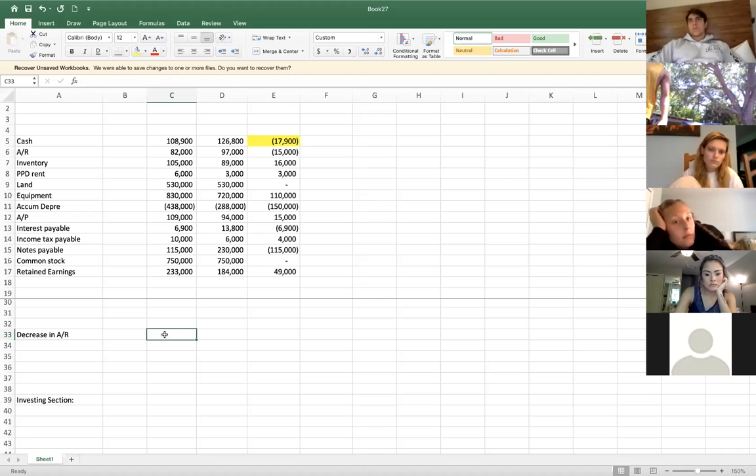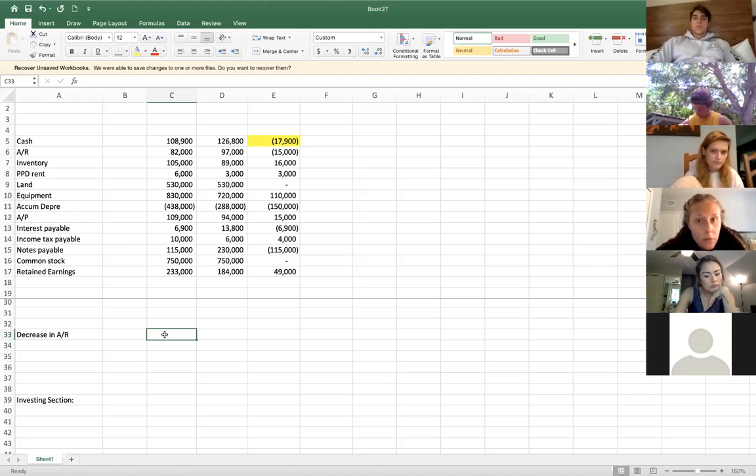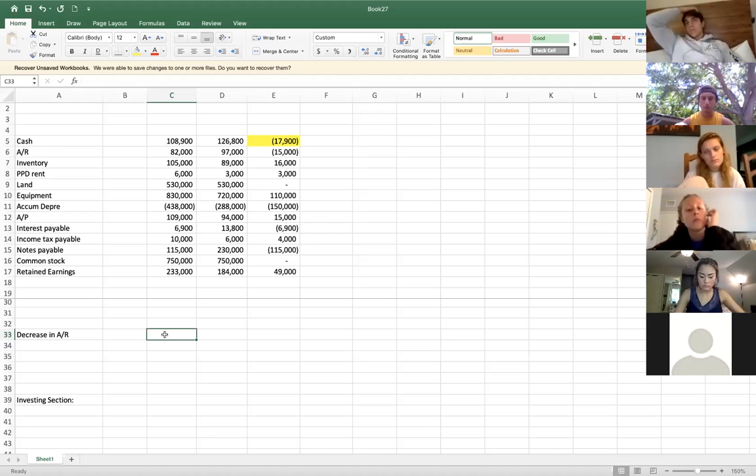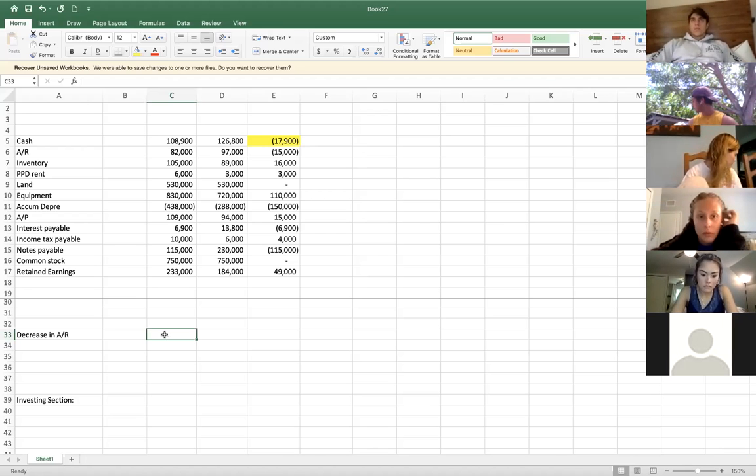So does that mean that my cash balance is higher or lower because of the change in accounts receivable? Gonna have a higher cash inflow. Good, I'm gonna have a higher cash balance, right? Or higher cash inflow because accounts receivable decreased. So if I had a higher cash inflow because fewer people owed me money, I'm going to add it.